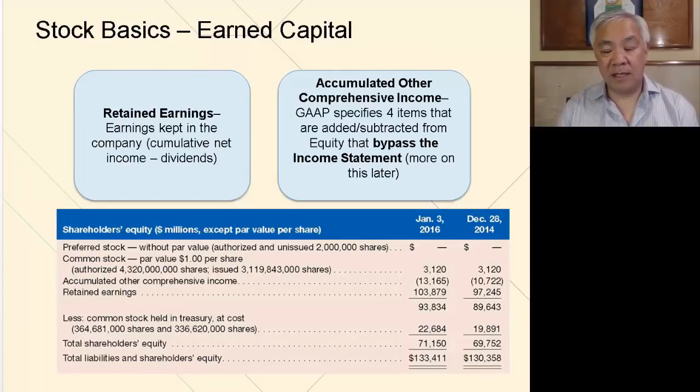The next set of basics relate to the earned capital, and there are 2 parts of this. One is retained earnings, and the other is AOCI. So retained earnings is, as we mentioned, earnings kept in the company, cumulative net income minus dividends, and AOCI are the 4 items that we'll see in a moment, and these bypass the income statement. So think of an expense, then instead of being recorded as an expense, which reduces net income and therefore ties into retained earnings, that's the path we've used throughout this course.